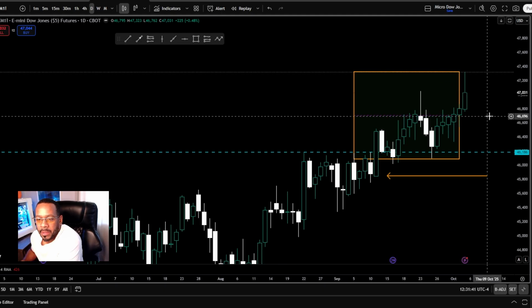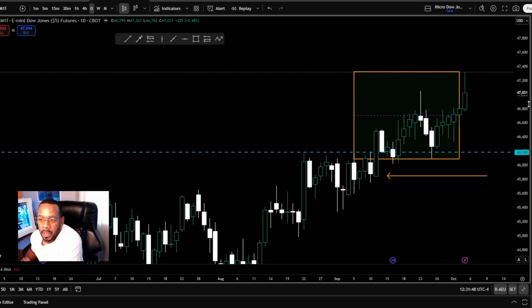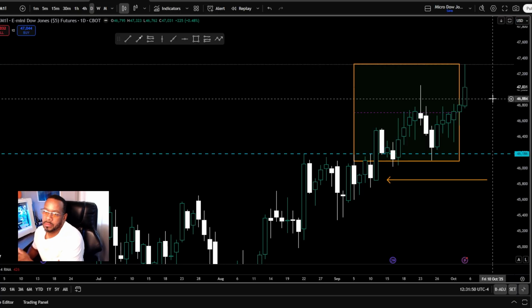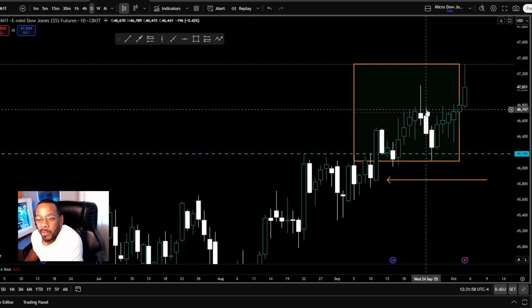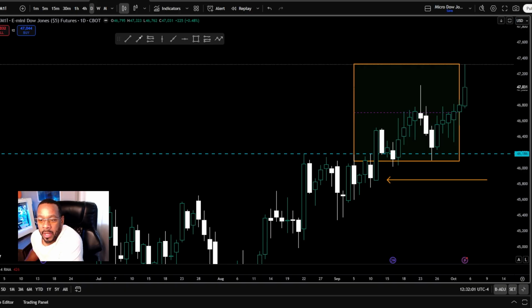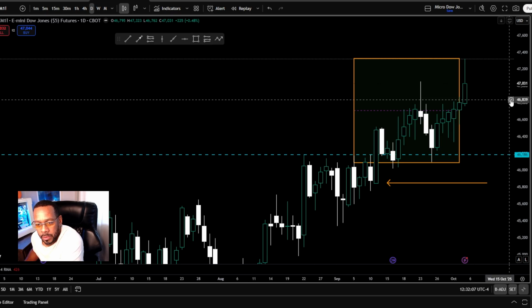Looking for price to come back below our 46,700, to get the most bang for your buck. We'll see what price is going to do. Looking at these long wicks, more than likely we will get back below this discounted area, and we'll be looking for price to give us confirmation, then we take it up.